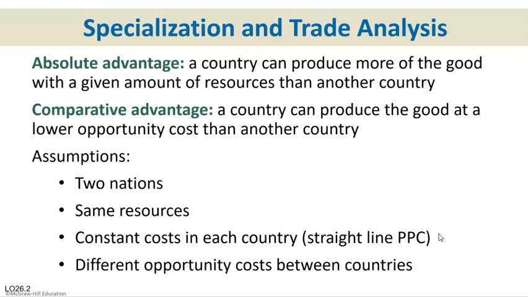I will talk to you a little bit later about what would happen in a country if the costs were not constant, if we actually did have that curved production possibility curve. The other thing that you'll notice as we go along is we're actually going to be solving for the opportunity cost. They are going to be different between the two countries.